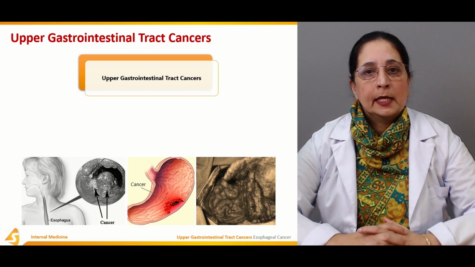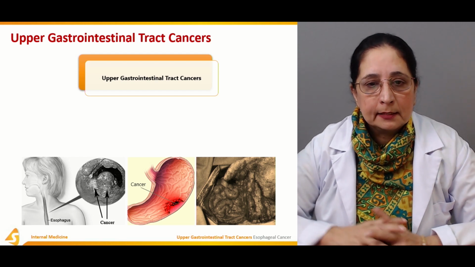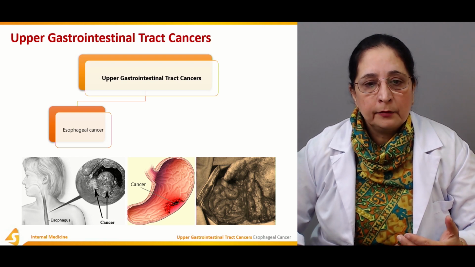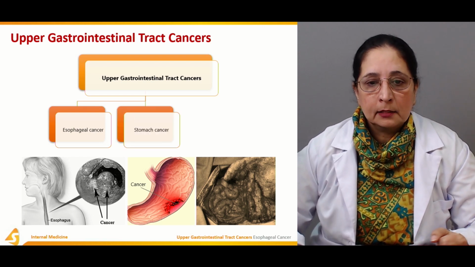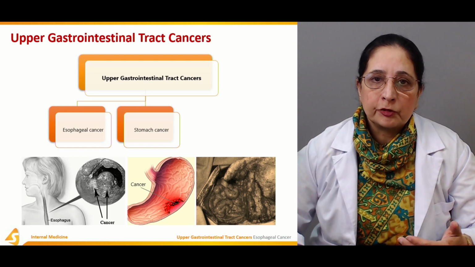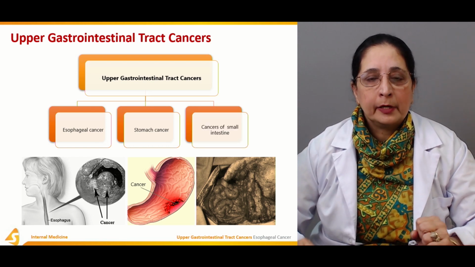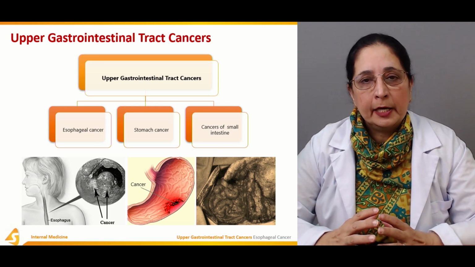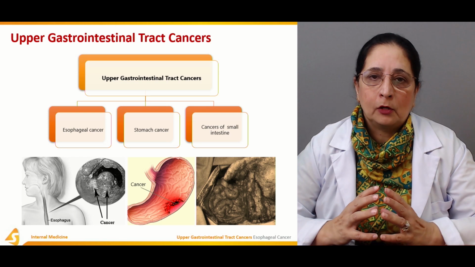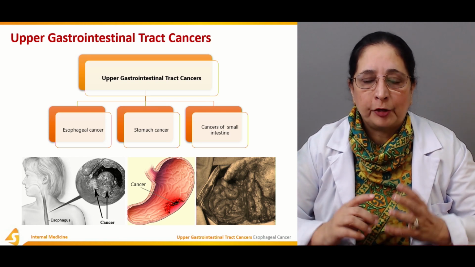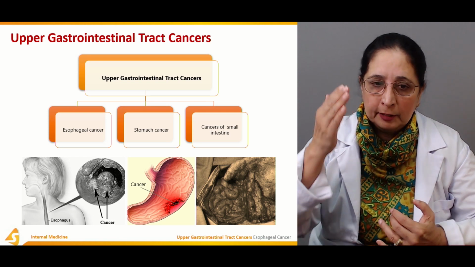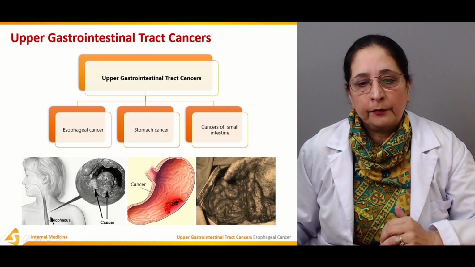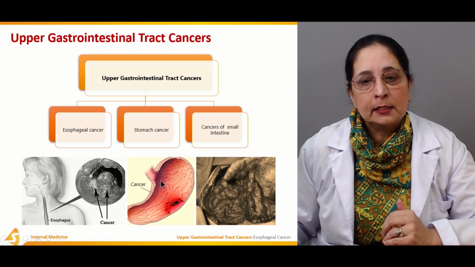Upper gastrointestinal tract cancers usually involve the esophagus, so esophageal cancers, stomach or gastric cancers, and also cancers of the small intestine. The components of the upper GI tract are the esophagus, which is a long tube, and this esophagus ends at the stomach.